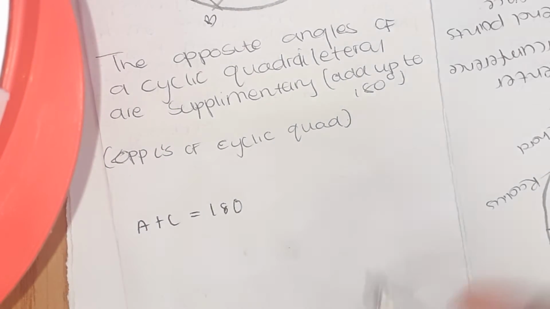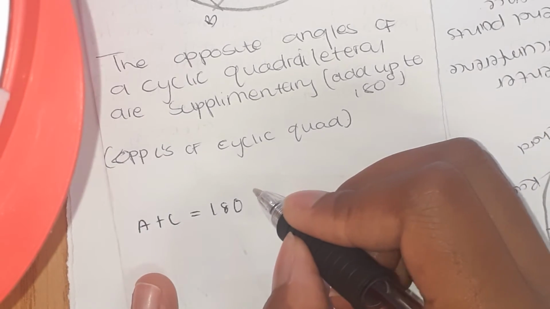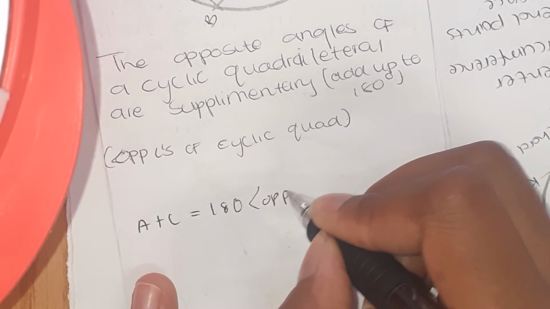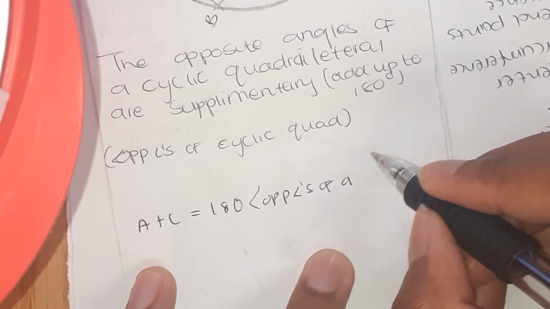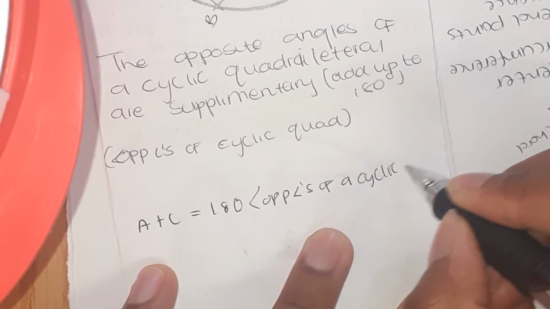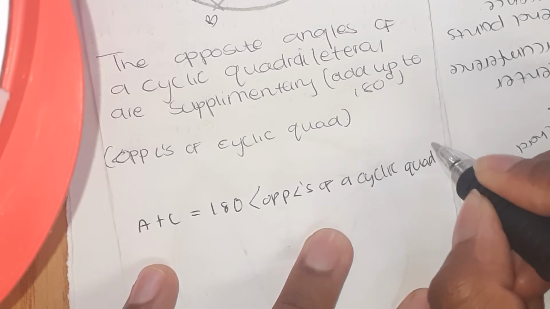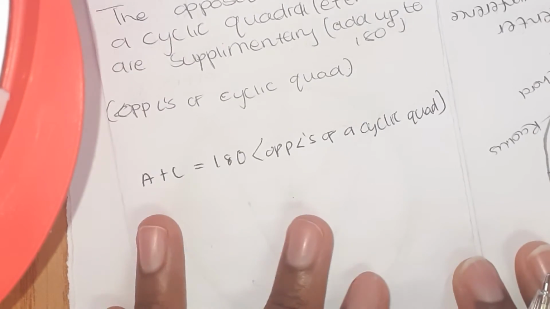Why is it that we say opposite angles of a cyclic quad, right?